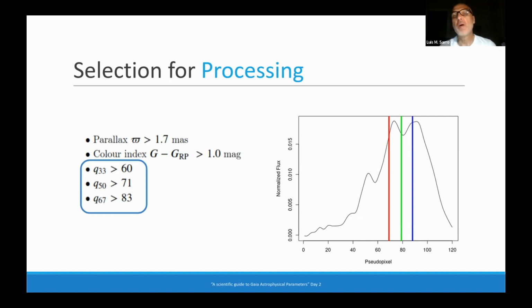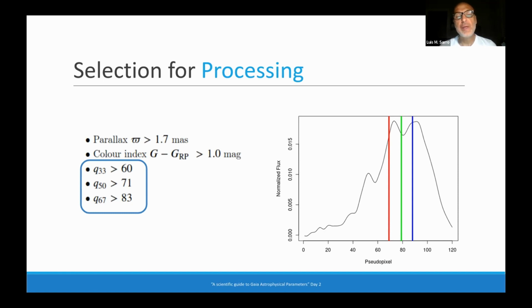So that is the farthest we could see an ultra-cool dwarf of type M7 with a very low surface gravity due to youth. Now we require that the color index G minus GRP is greater than 1 magnitude, which actually kind of separates ultra-cool dwarfs from white dwarfs in the color absolute magnitude diagram.